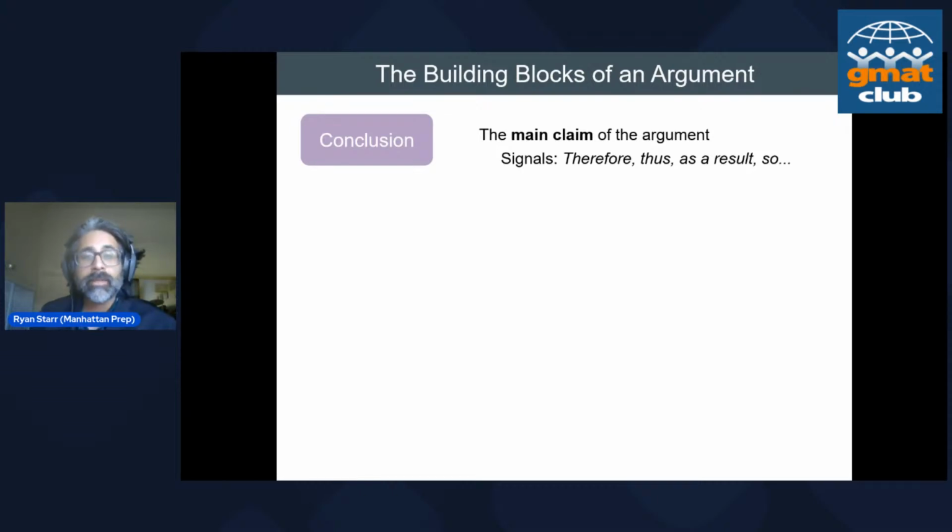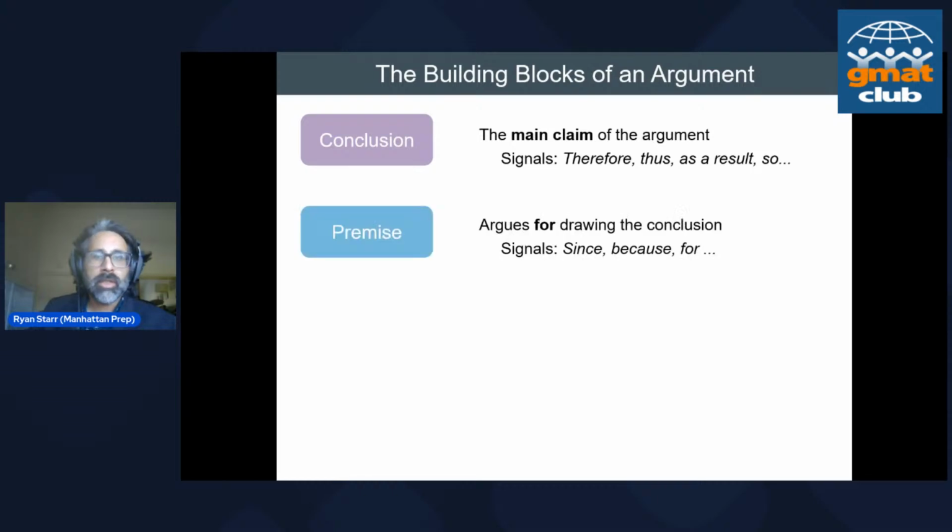It would just be an informative passage, right? So the conclusion always has to be an opinion. And when we talk about the conclusion, especially the main conclusion of an argument, we're talking about the author's opinion, the opinion of the author of the argument. Okay. However, a conclusion alone does not an argument make. You've also got to have at least one premise supporting that conclusion, right?